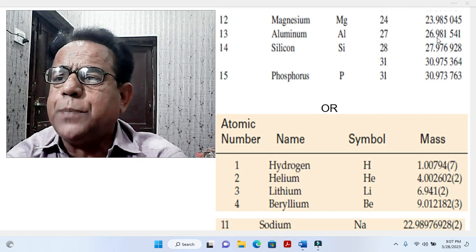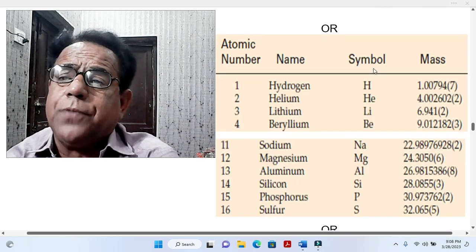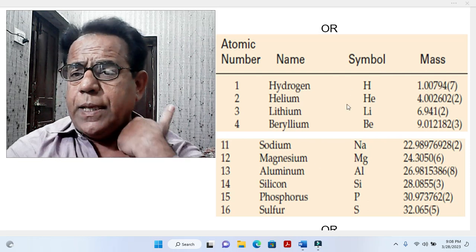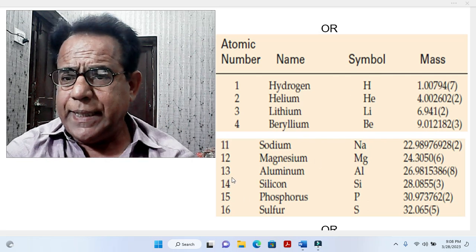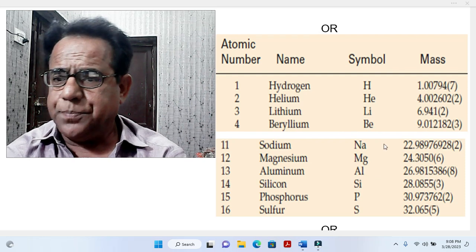26.981. Similarly, another snapshot from some other book: atomic number, name, symbol, mass. Here again 13, aluminum Al, 26.981538.6.